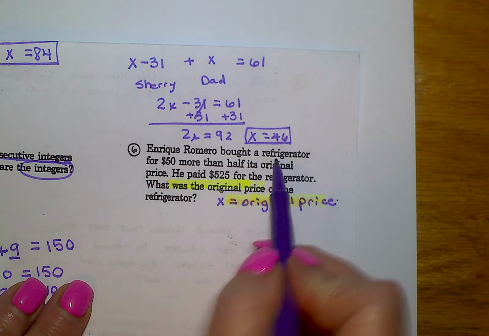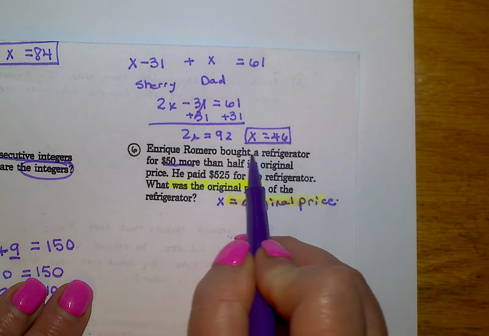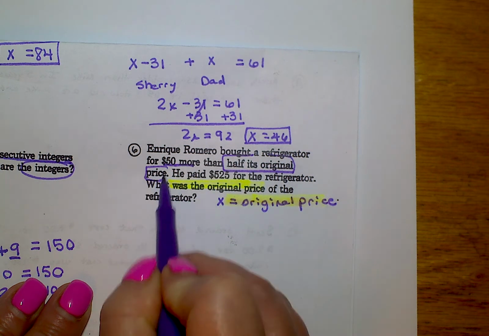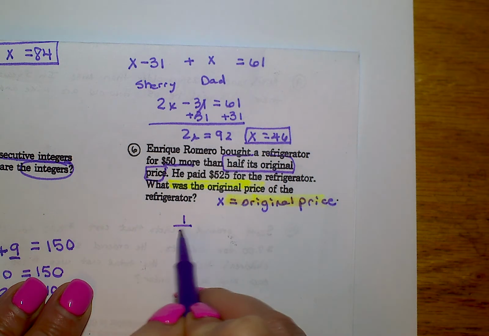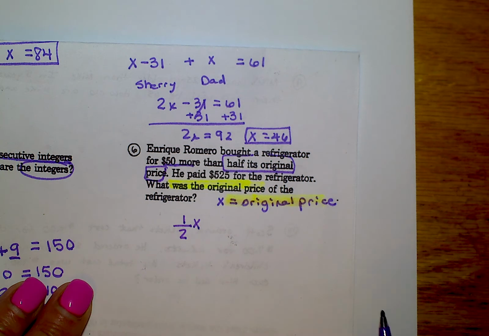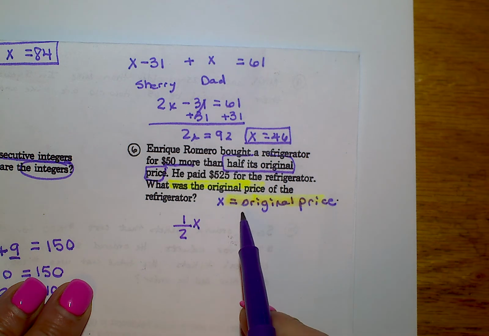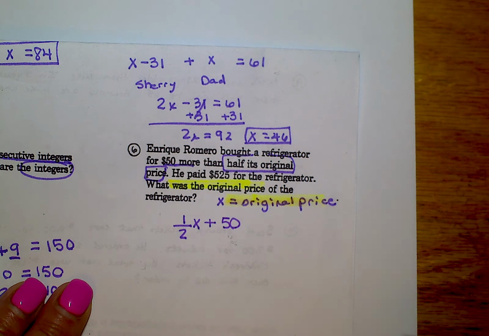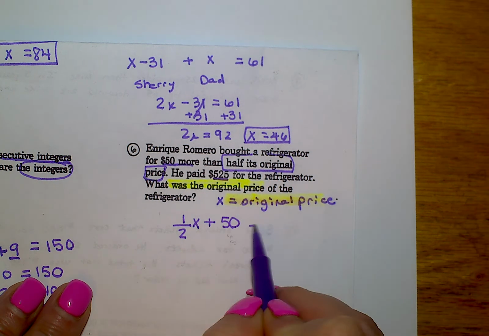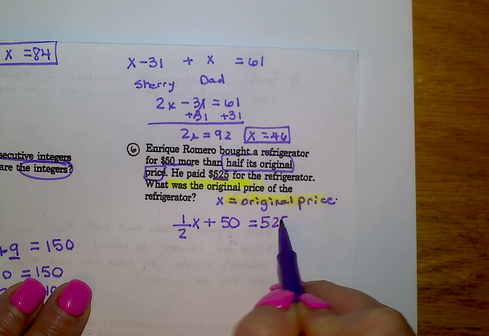Okay, so he bought a refrigerator for $50 more than half the original price. Half the original price would be 1/2 X, because we've got half the original price, and then $50 more than. And that's going to equal $525.